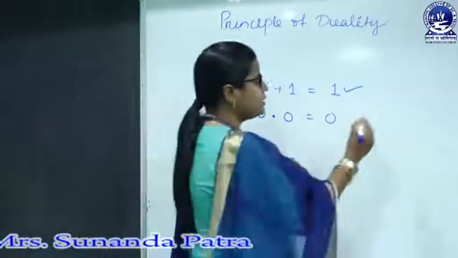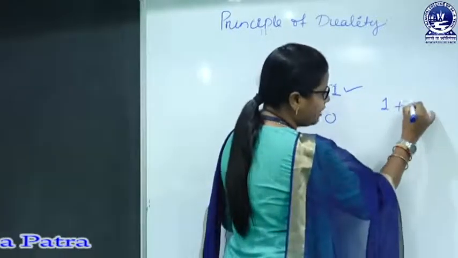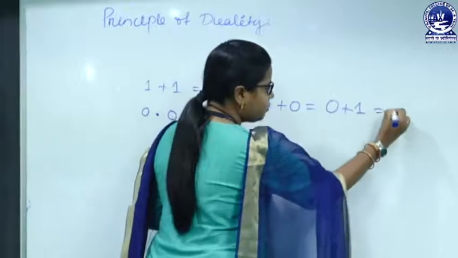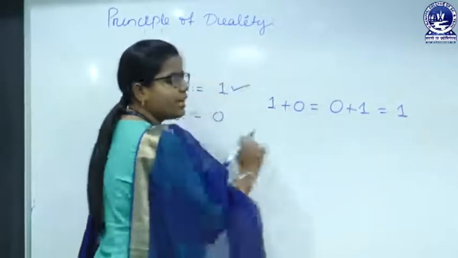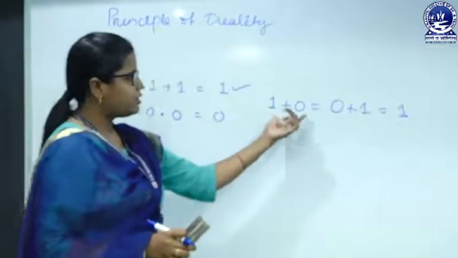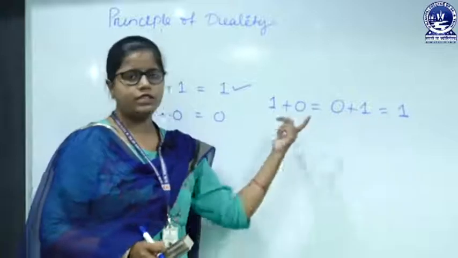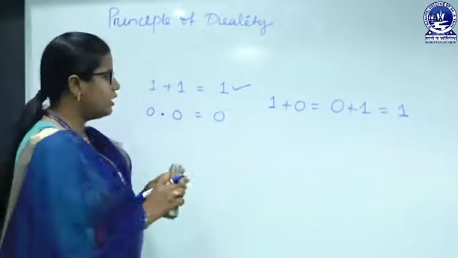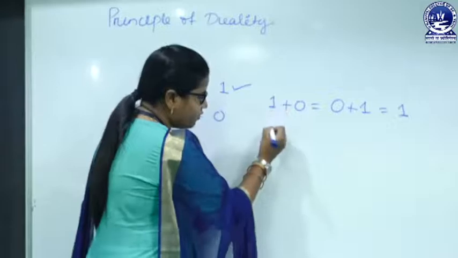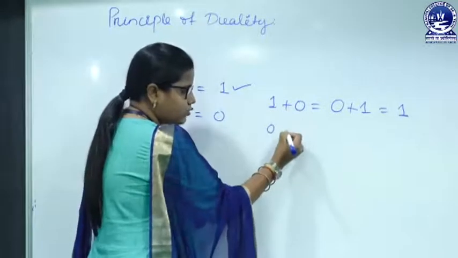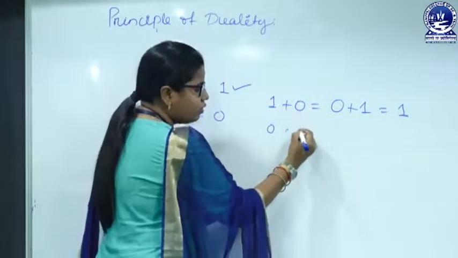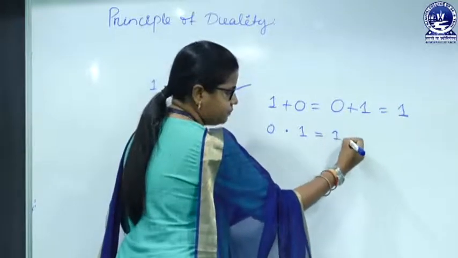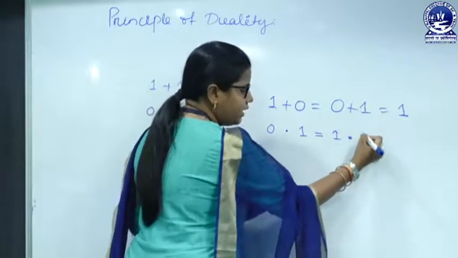Take another example. Suppose I am writing here 1 plus 0 equals 0 plus 1 equals 1. So this is the commutative law, 1 plus 0 equals 0 plus 1, which equals 1. So here we can apply the principle of duality. Let's interchange 1 with 0, and plus with dot, so 0 dot 1 equals 1 dot 0.